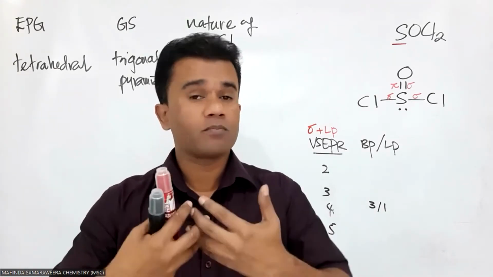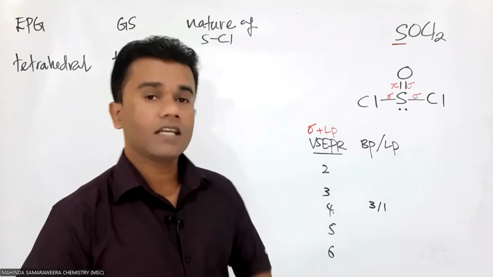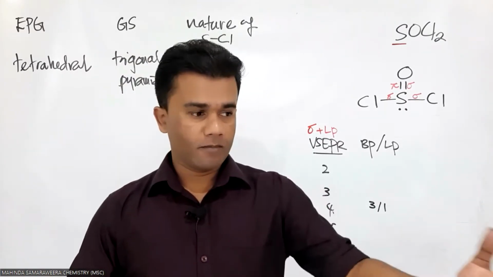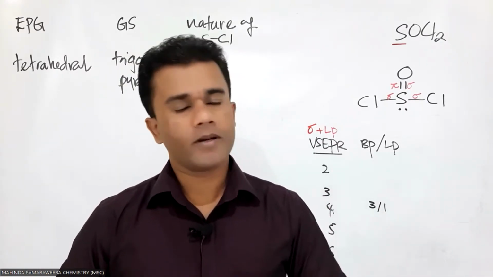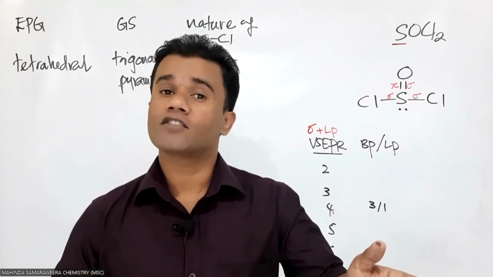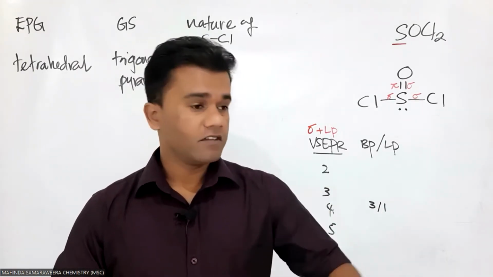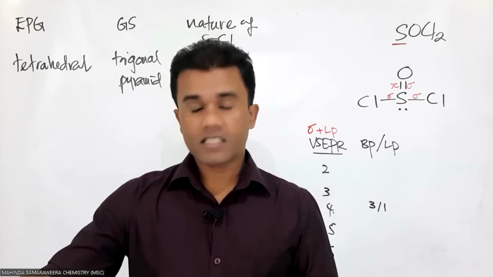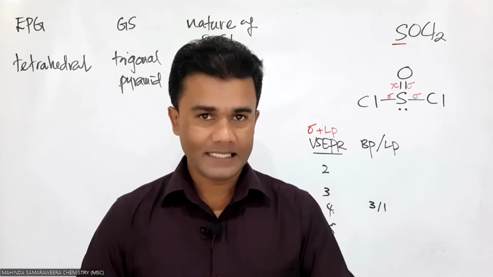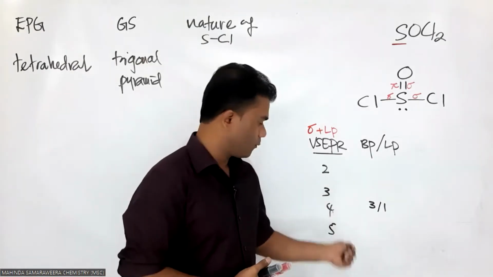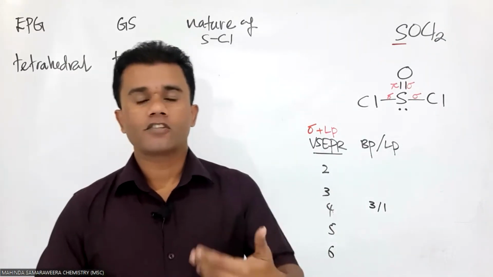If there are 3, one from s, because we can always take only 1 orbital from an s sub-energy level, and 2 more from p, so total 3, sp2. Likewise for 4, it should be sp3.